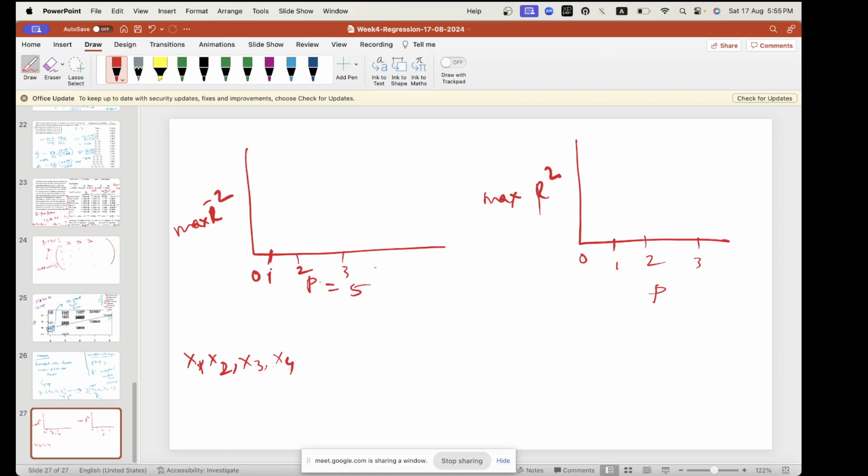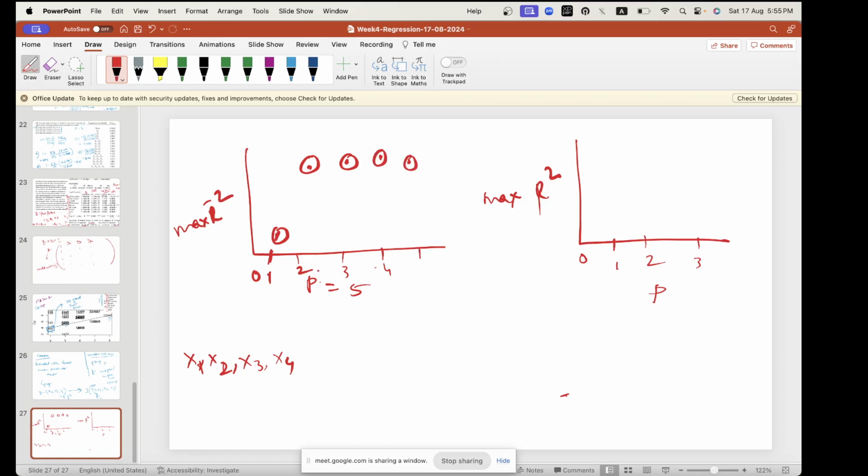Then p equal to 1 would be only one predictor. You calculate the adjusted R square, plot it, and take the maximum of those. Now if you see that for 0 it's nothing, for 1 it's increasing, for 2 it's here, for 3 it's here, for 4 it's here, for 5 again it is decreasing.